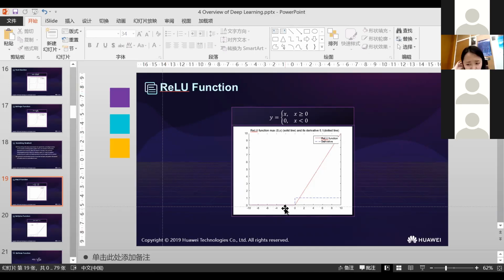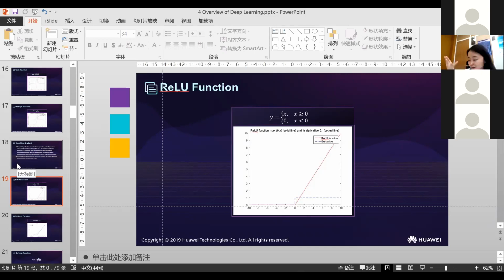Can we use grid search for the best activation function? Yes, you can use grid search to search for your activation function, but usually we will not do that.